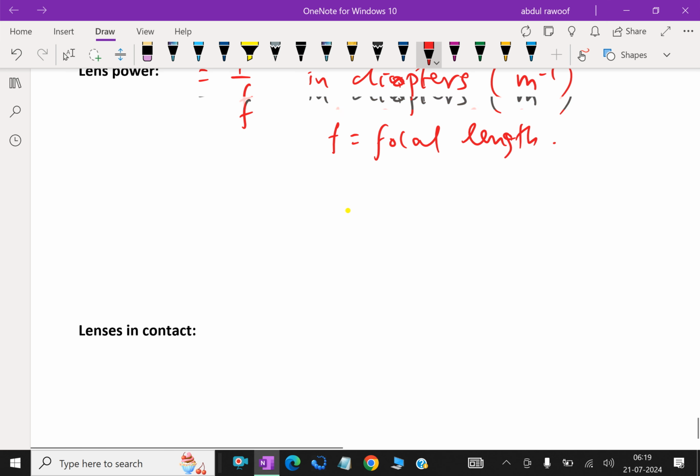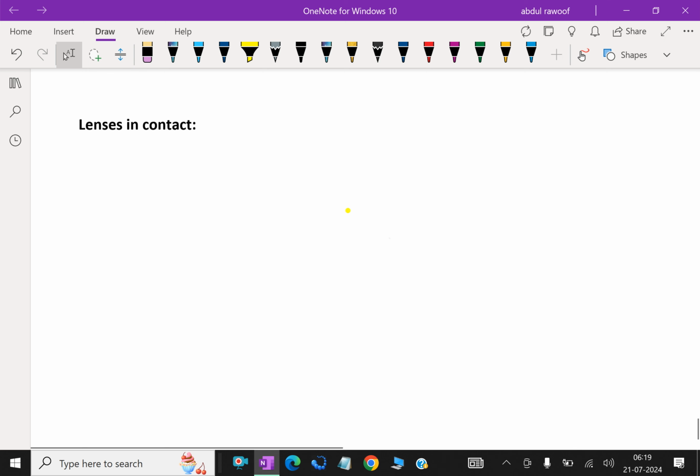Next is lenses in contact. That means two lenses in contact. What happened?